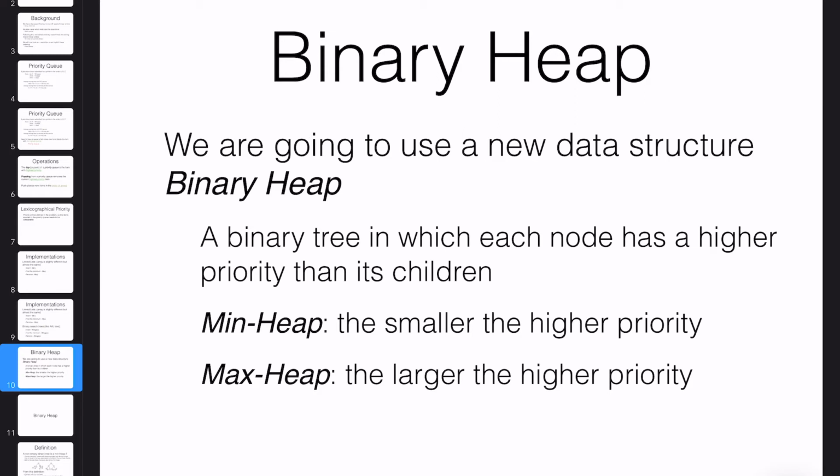We have two kinds of binary heaps. One is called min-heap, the other one is called max-heap. The thing is, a binary heap is going to be a kind of tree. So you can relate to this idea now that a stack or queue was a restricted form of abstract list, and both of them have been implemented using an array or a linked list, right?